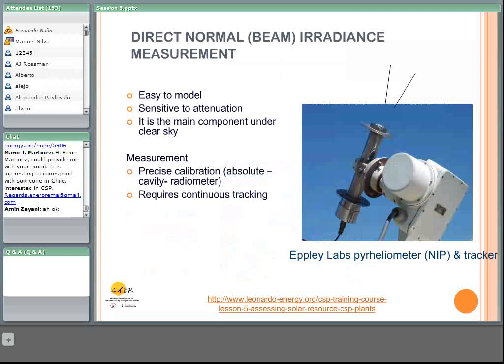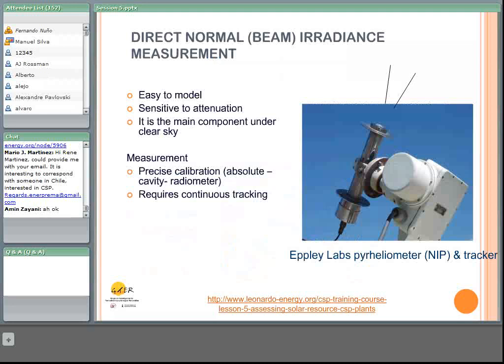The direct irradiance is relatively easy to model because of the on-off character we mentioned before: it takes the value of a clear day, whichever it is, when there are no clouds, and it's almost 0 or 0 when clouds are blocking the sun.